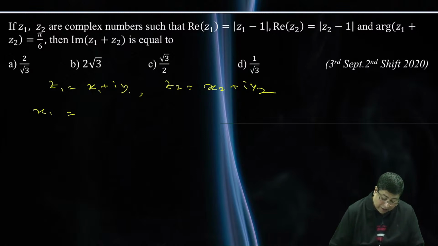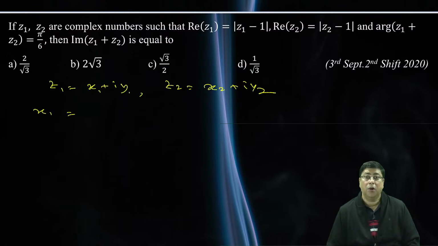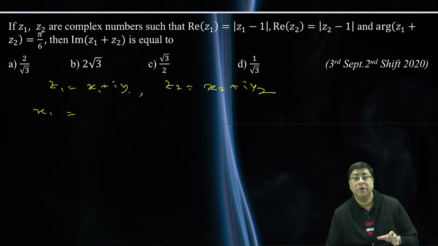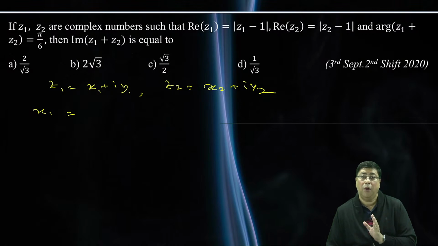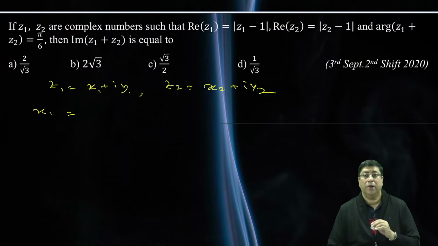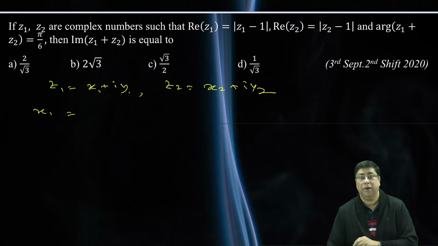According to the question, real z1 equal to mod of z1 minus 1. Mod of z1 minus 1 means x1 plus i y1 minus 1, so x1 minus 1 plus i y1. If we take the mod, we are getting root over (x1 minus 1) whole square plus y1 square.